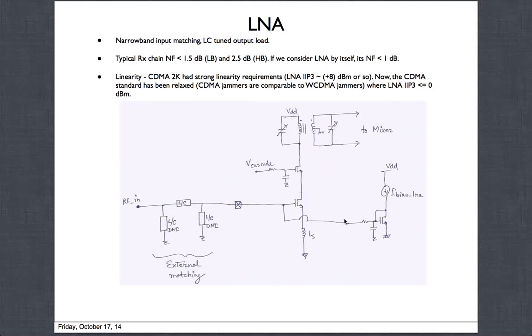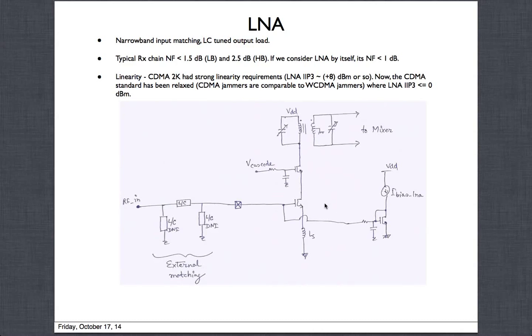There are different schemes where you actually help boost it. So this could be your main path. You could have schemes called MDS, modified derivative superposition. That was one of the things that we used widely to improve the linearity. There are different kinds of schemes which were used to provide very good linearity, like +8 dBm type of numbers for this LNA.